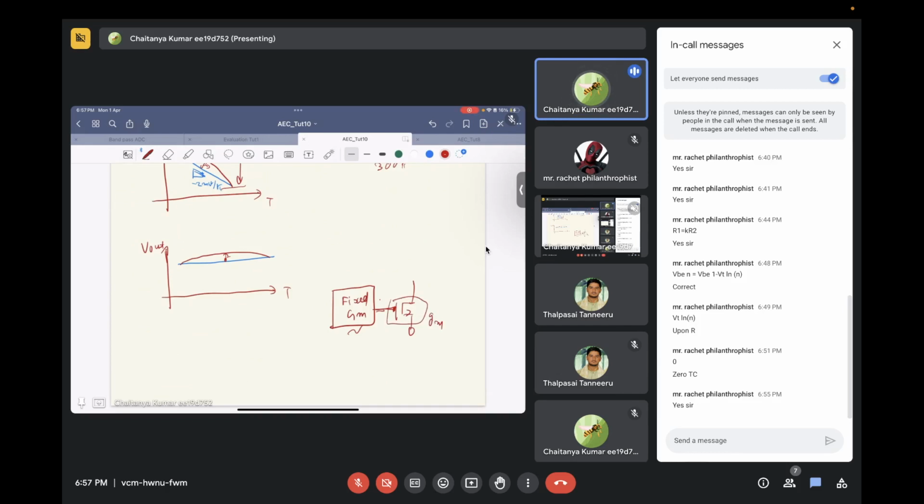So let's say if the mobility mu n is increasing due to temperature, in that case this voltage will reduce itself to keep the GM constant. If the mobility is reducing, this voltage will increase itself to keep the GM constant.